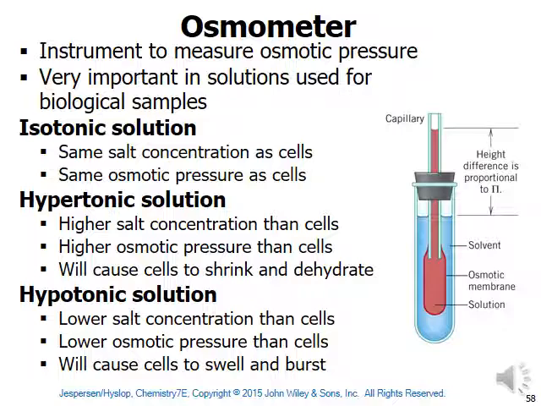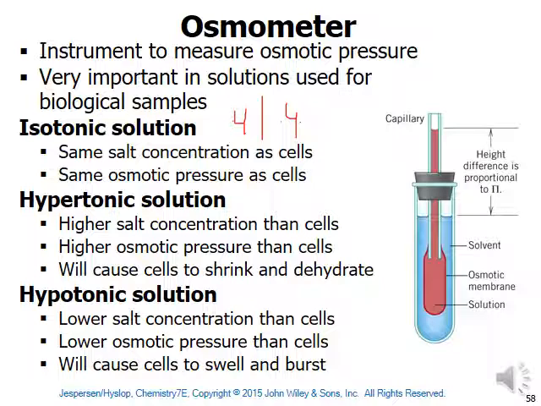Again, you can think about what happens with different solutions. Isotonic means if your solutions are of the same amount, 4 and 4, there will be no movement of water.